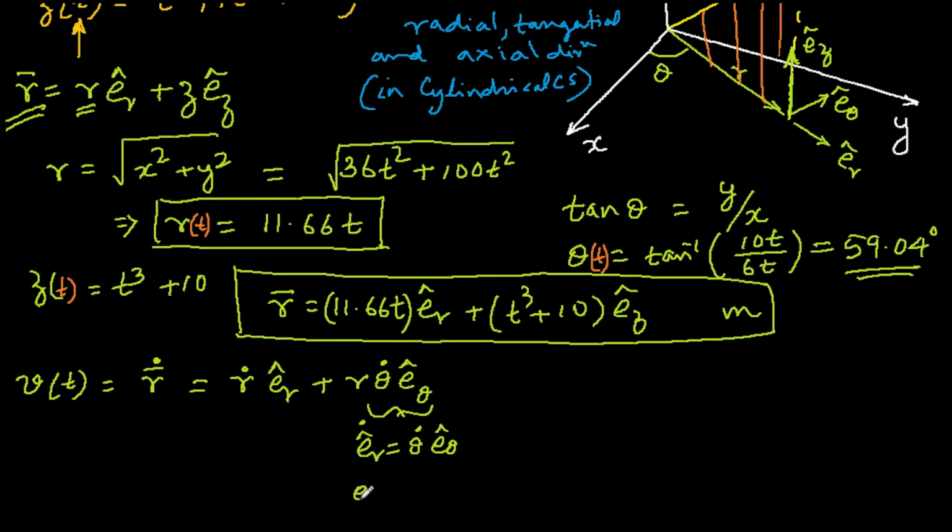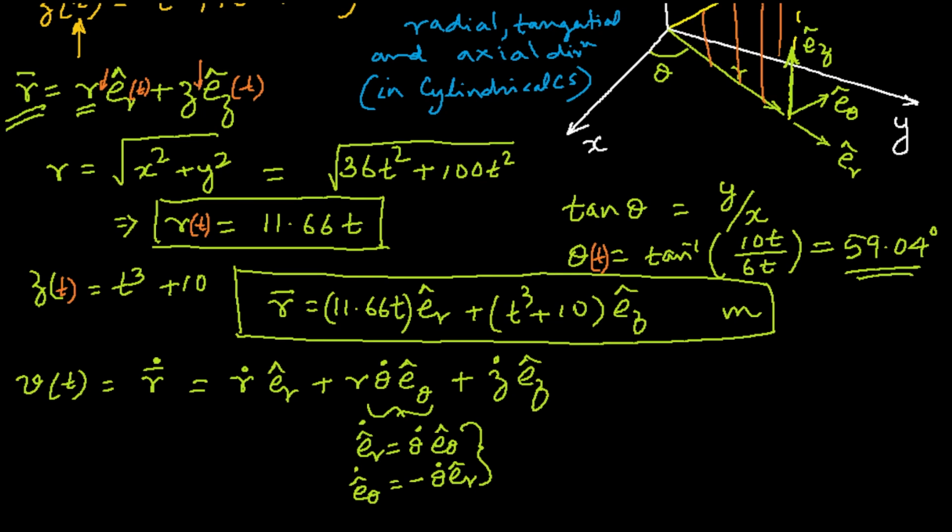And eθ dot will be equal to negative theta dot eR. These are very important relationships. Plus z dot eZ, and the other term eZ dot is 0 because eZ is not changing. If you wish, you can write the explicit dependence on time here also to make yourself comfortable.